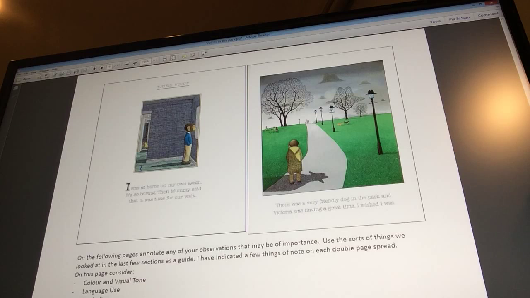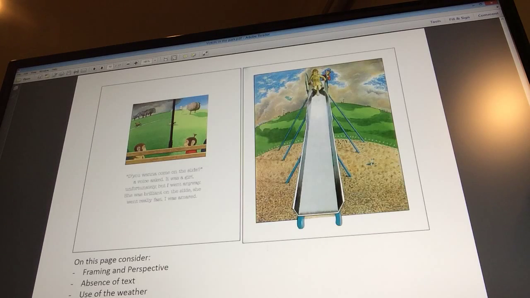Third voice. I was at home on my own again. It's so boring. Then Mummy said that it was time for our walk. There was a very friendly dog in the park, and Victoria was having a great time. I wished I was. Do you want to come on and slide? A voice asked. It was a girl, unfortunately. But I went anyway. She was brilliant on the slide.